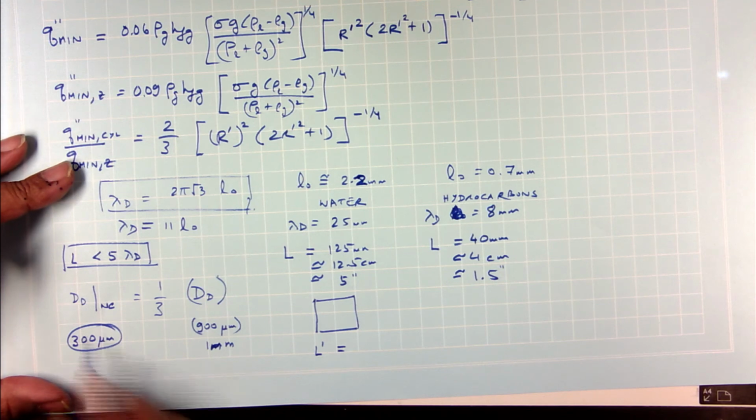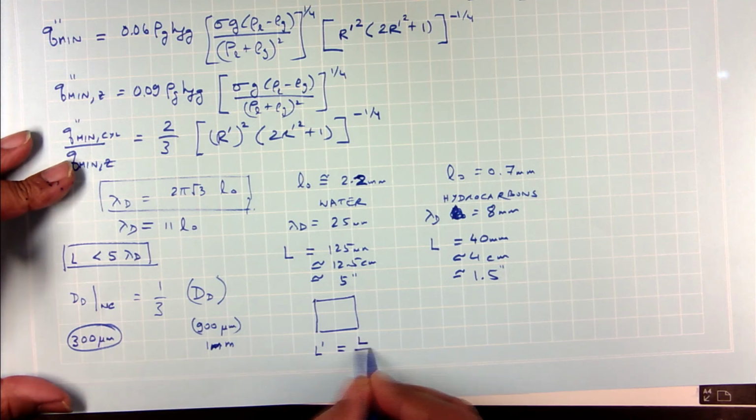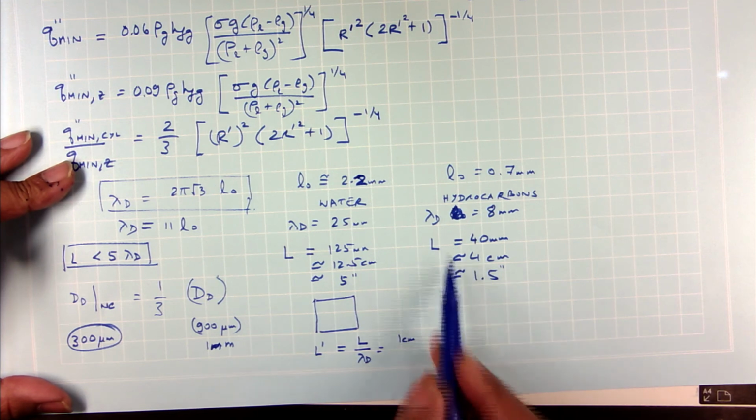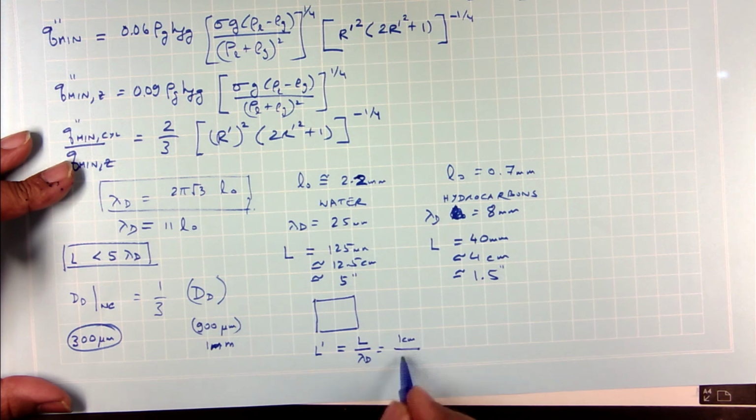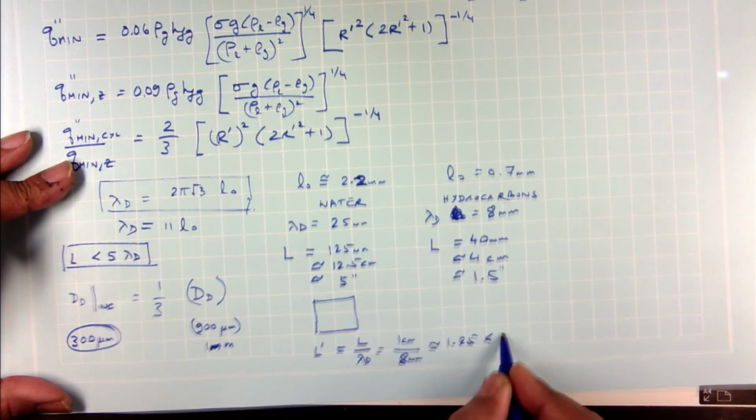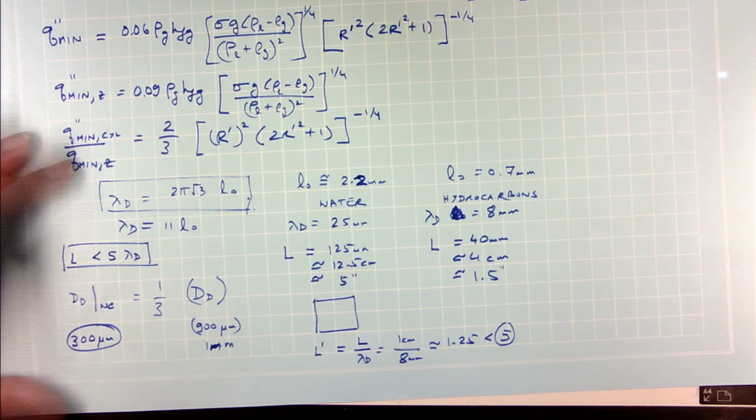L prime I am defining as L by lambda d. So if this is 1 centimeter and I know my lambda d is 8 millimeters, that's approximately 1.25, right? That's definitely less than the value of 5 that Lienhard and Dhir have suggested.